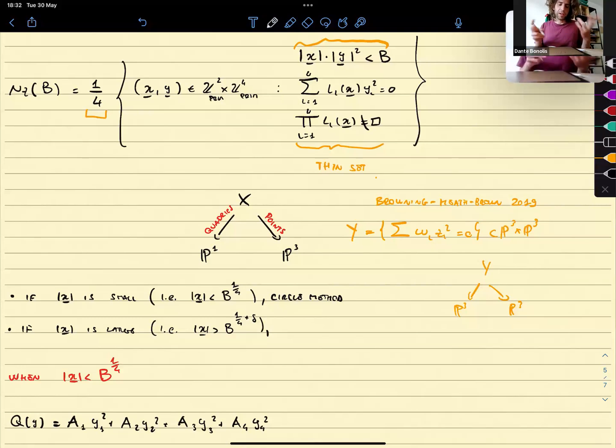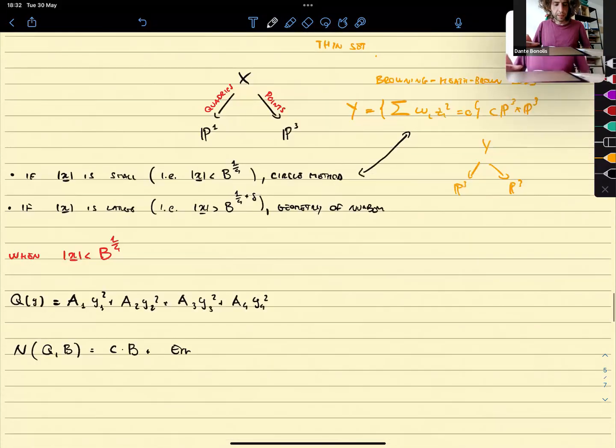Otherwise, if X is large, so if its height is larger than 1/4 plus delta, we use a geometry of numbers argument. For the circle method we can basically recycle part of Tim and Brown's work, but the geometry of numbers turns out to be completely different.